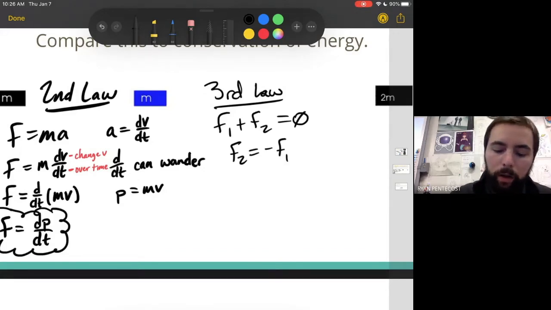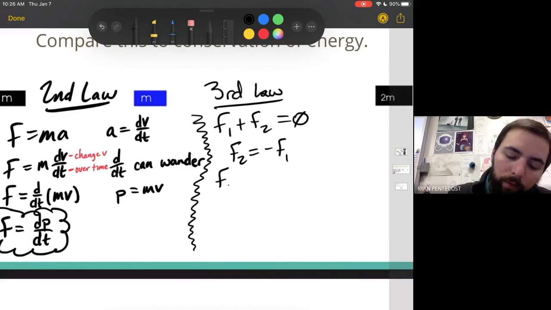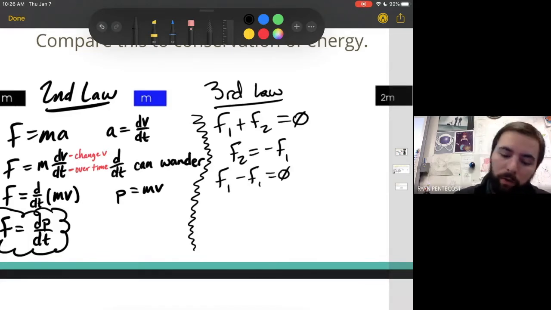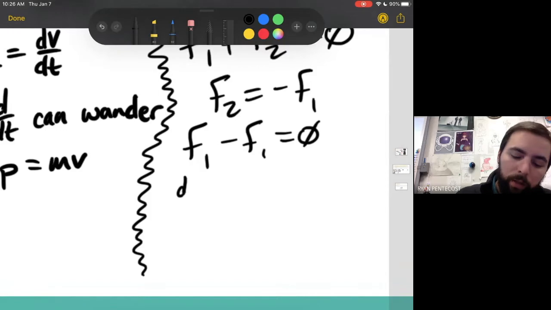The third law is that every action has an equal and opposite reaction. So if F2 is negative F1, you're essentially saying that F1 minus F1 equals 0. Nothing controversial there, right?